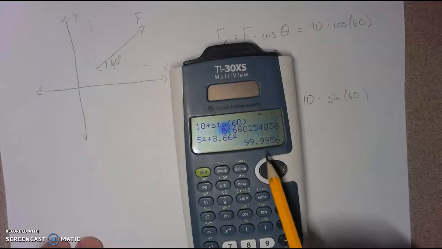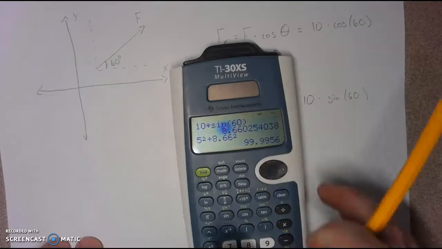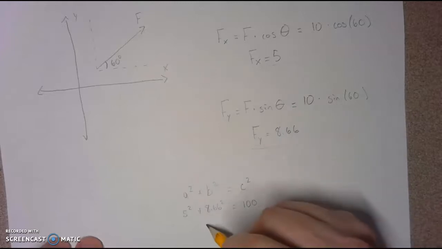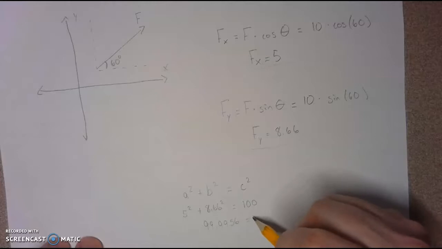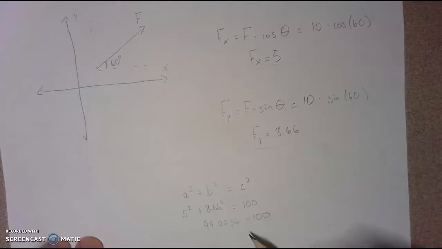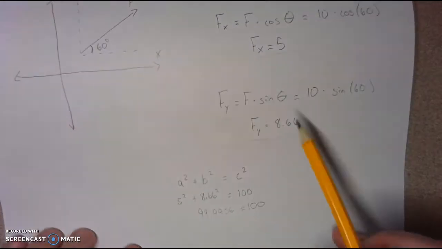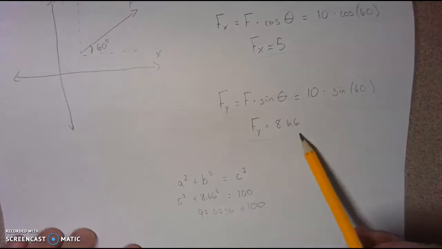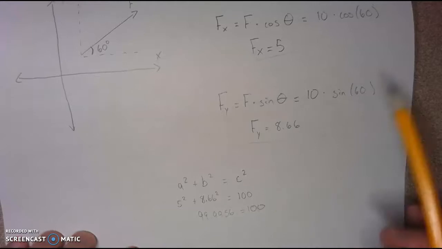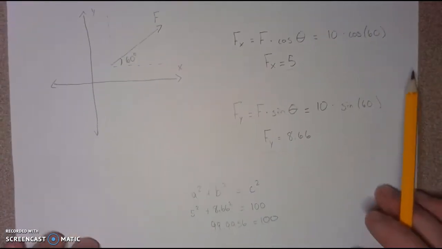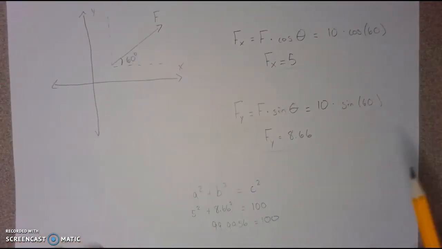Enter. 99.9956. So we got 99.9956, which is approximately equal to 100. That's pretty close. Okay, remember we did some rounding for Fy, so it makes sense that we're just a little bit off, but it looks like we've gone through and gotten the correct answer.